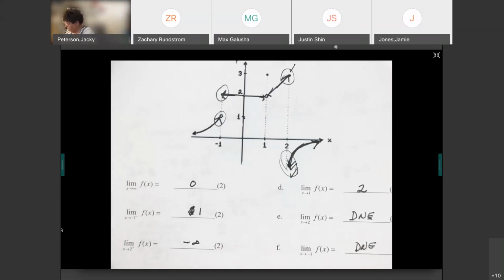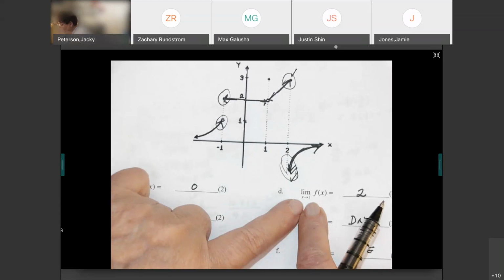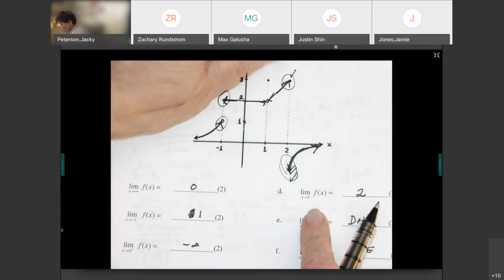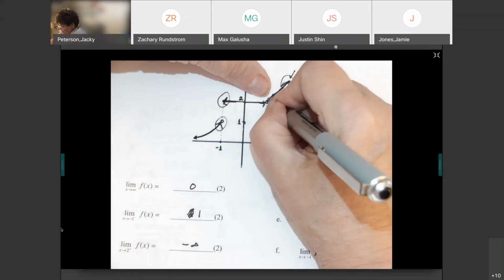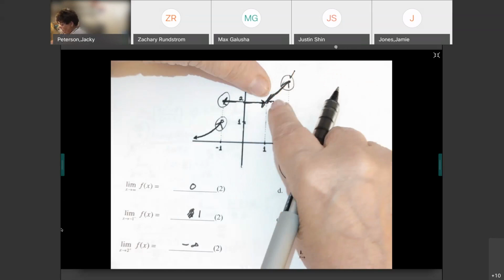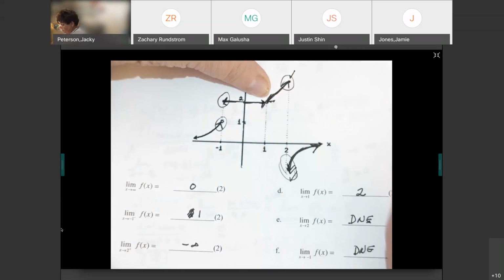Okay, at 1. No, because the dot's up here. Essentially, since you're riding along the graph itself, you ignore anything that's not on the graph. So that's what made it 2.